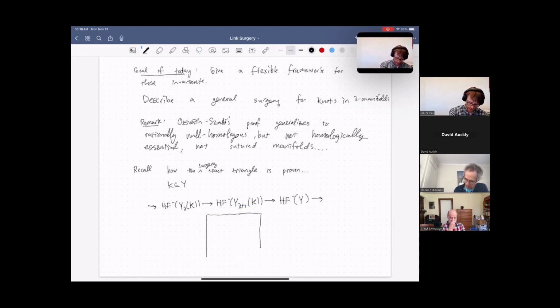Using just basic properties of Heegaard Floer homology, you can reduce the exact triangle to a statement about knots in the torus. Oh, sorry, not knots, Lagrangians in the torus. Lagrangians is what I meant to say. Lagrangians in the torus.